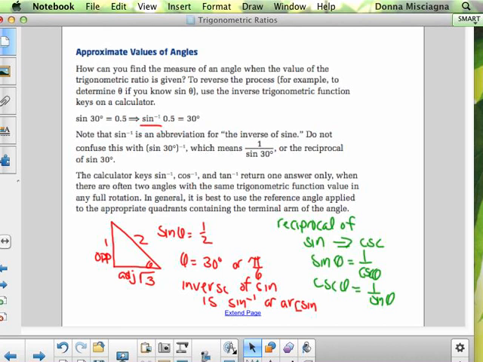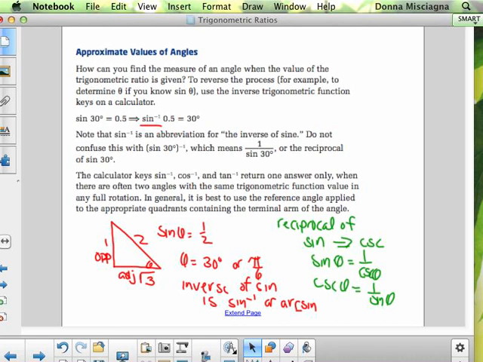Because if you remember, our values repeat. If you think about sine, we get the same values in the first quadrant as we do in the second quadrant, because sine is positive in the first and second quadrant. Cosine, we get the same values in the first quadrant as the fourth quadrant, because cosine is positive in the first and fourth quadrant, and so forth.